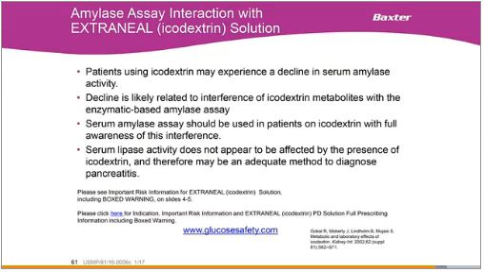An interesting nuance, if you use that word, with Extraneal is that the Extraneal solution can interfere with amylase testing. That is because, as we mentioned, when Extraneal moves through the lymphatics and appears in the plasma space, pancreatic amylase begins digesting the oligopolysaccharides.